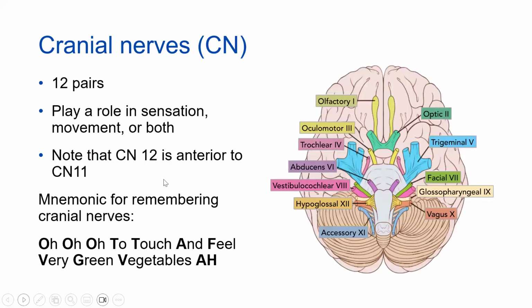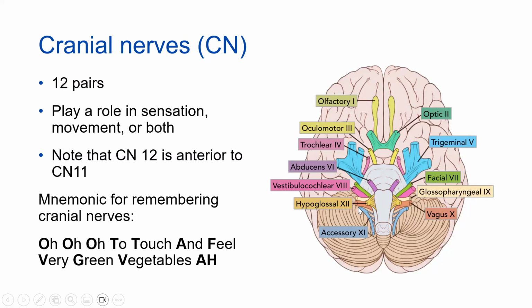Now we'll get into cranial nerves. There are 12 pairs of cranial nerves. They're involved in sensation, movement, or both. Here you can look at cranial nerve 1, 2, 3, 4, 5, 6, 7, 8, 9, 10, 11, 12.